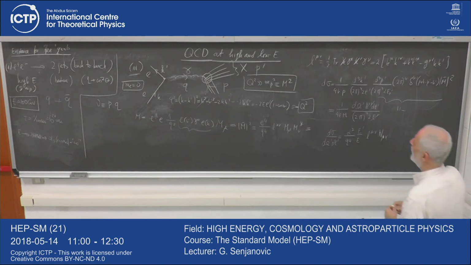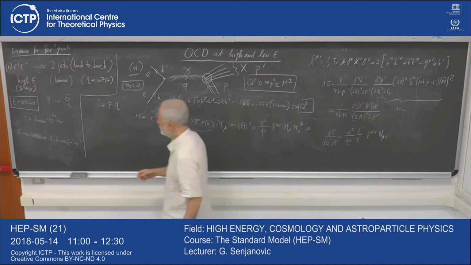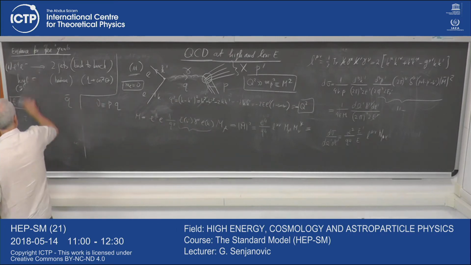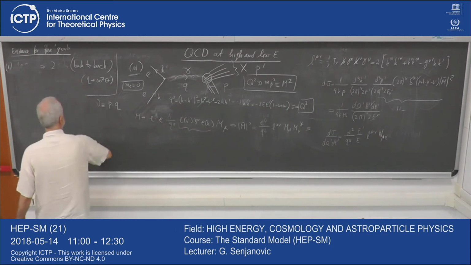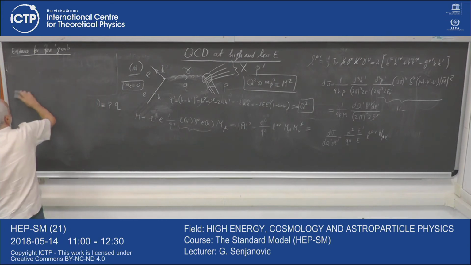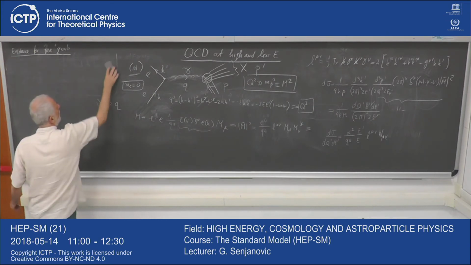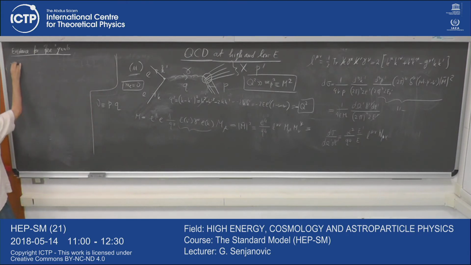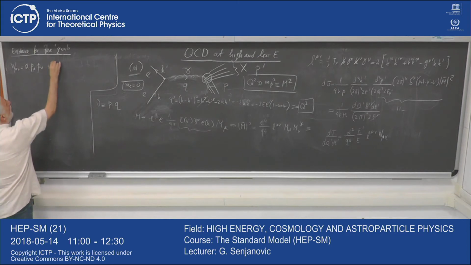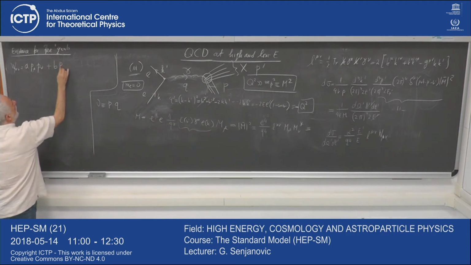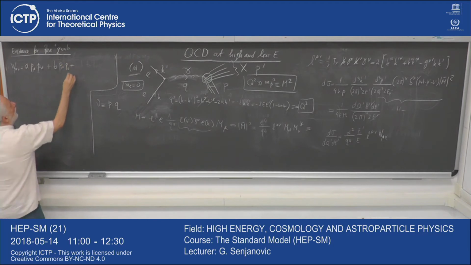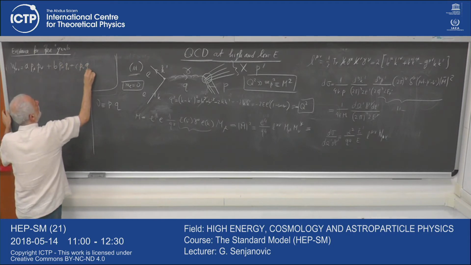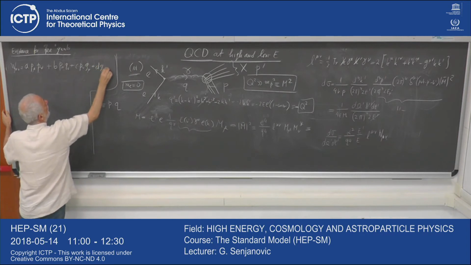Now, what to say about W mu nu? In general, it's a function. What you would say, well, W mu nu, you will tell me it will depend on P mu and Q mu. So there is A g mu nu, B P mu P nu, C P mu Q nu, D Q mu Q nu.